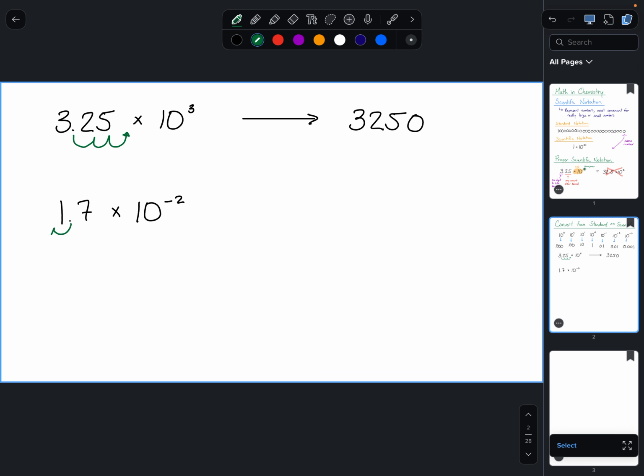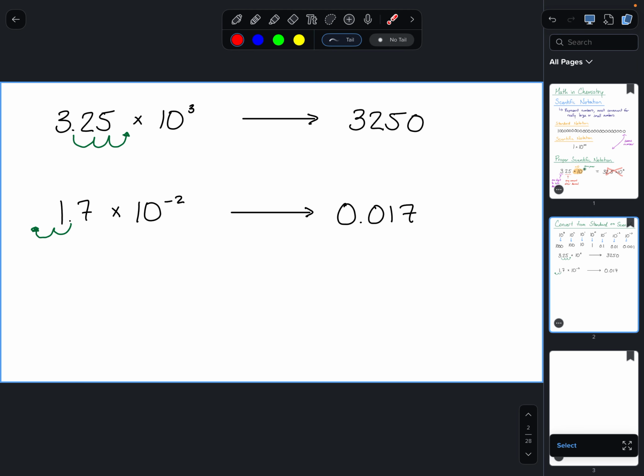So I'm going to go 1, 2, and this is going to leave me with 0.017 in standard notation. Again, I have to insert this 0 here. I like to write my numbers with a 0 out front because that's considered kind of proper and fancy, but nonetheless, that's how we get this 0.017.